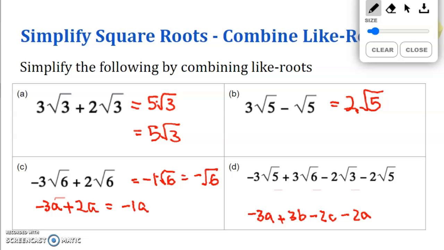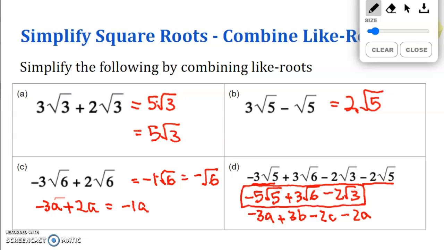So I can combine the negative 3a with negative 2a, and likewise I can combine negative 3 root 5 with negative 2 root 5. So then this just becomes negative 5 root 5 plus 3 root 6 minus 2 root 3, because I cannot do anything with simplifying unlike roots. Okay, so that is my final answer.